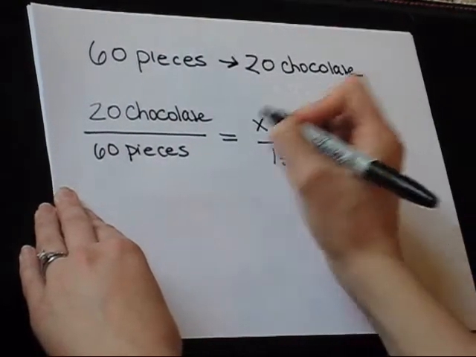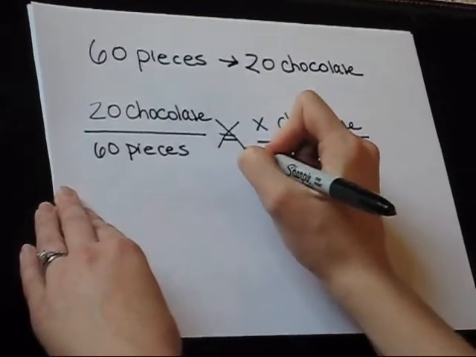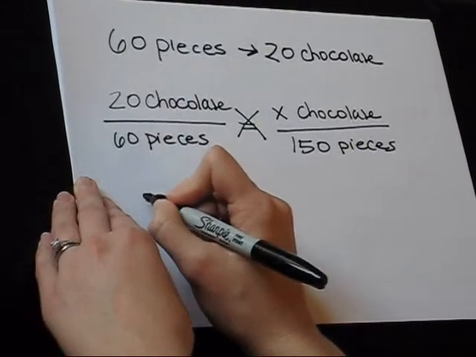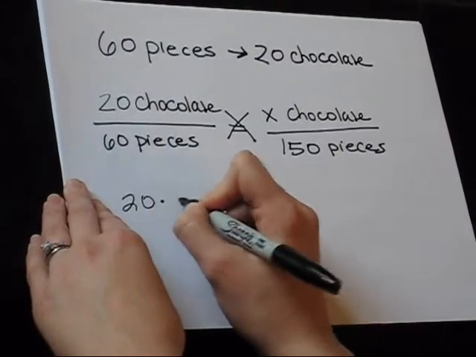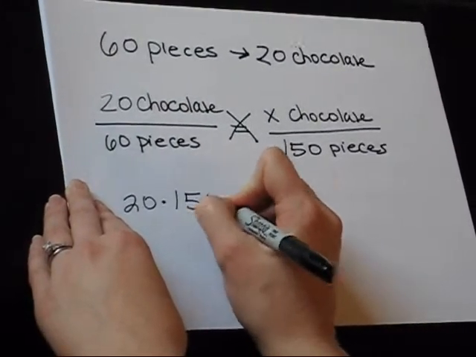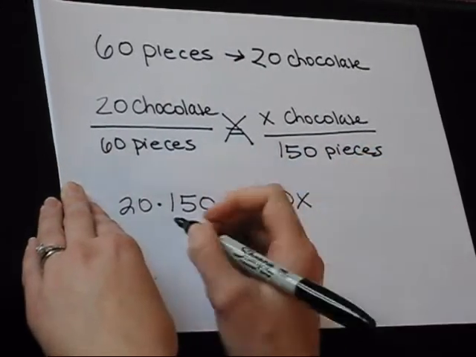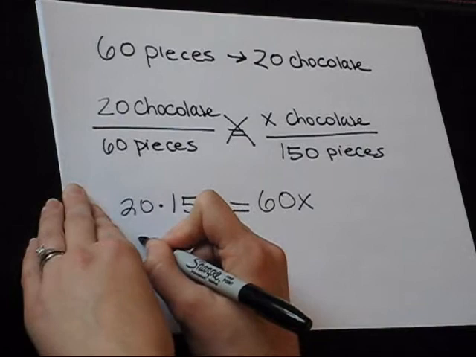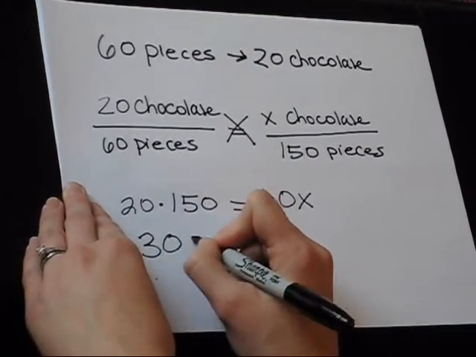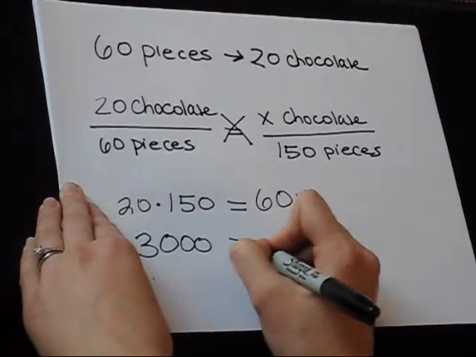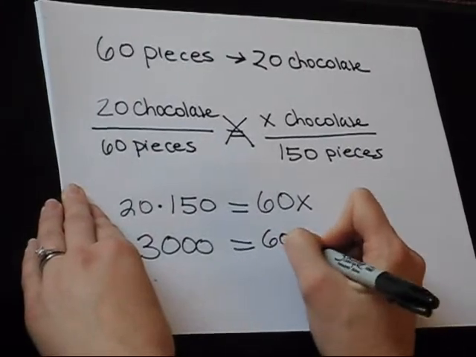Okay, we need to cross multiply: 20 chocolate pieces times 150 pieces equals 60x. 20 times 150 equals 3,000 equals 60x.